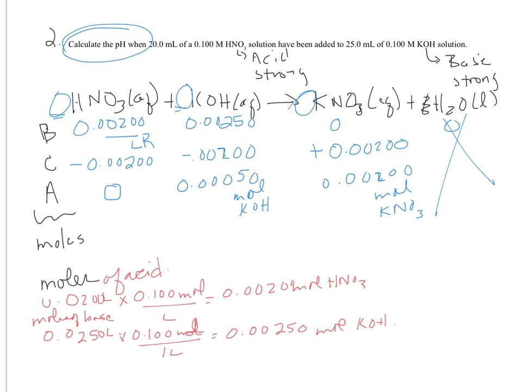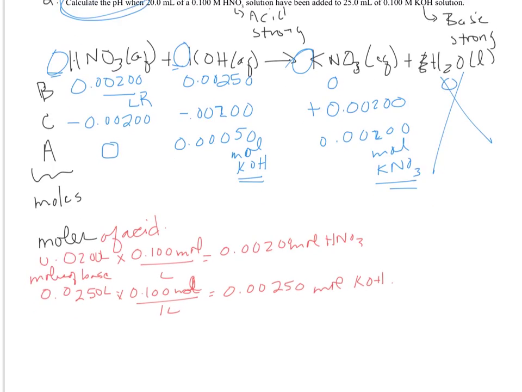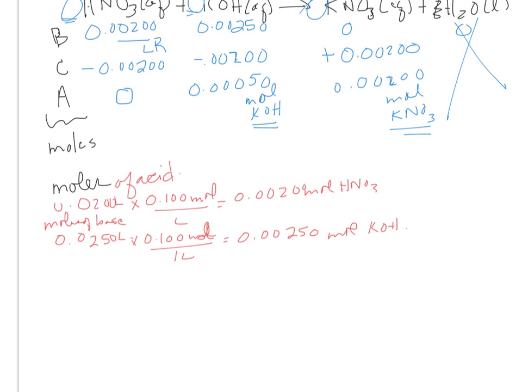We are looking for the pH. What do I have in solution? I have potassium hydroxide and I have potassium nitrate. I'm going to move this up just a little bit. So what are these going to do in solution? Potassium hydroxide is soluble, right?